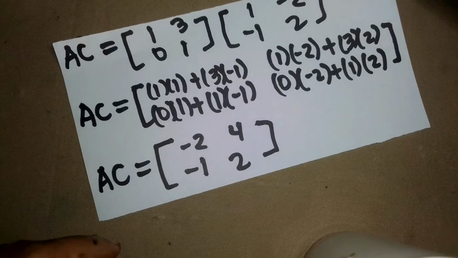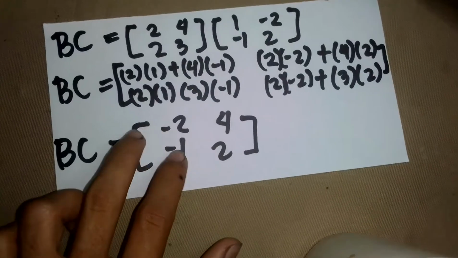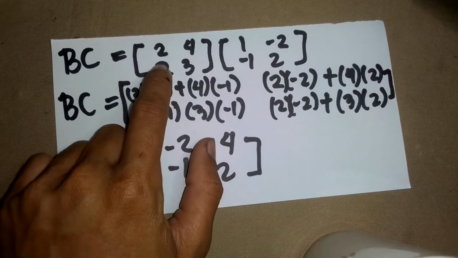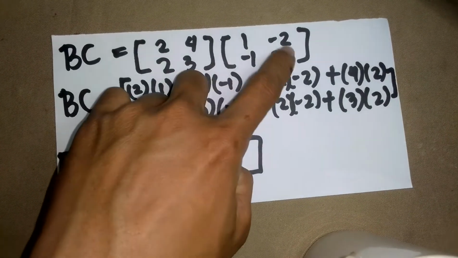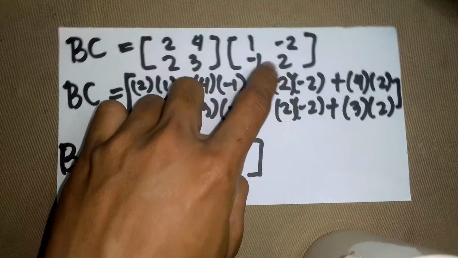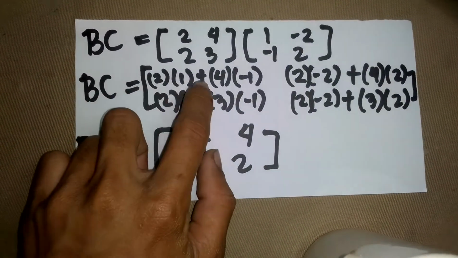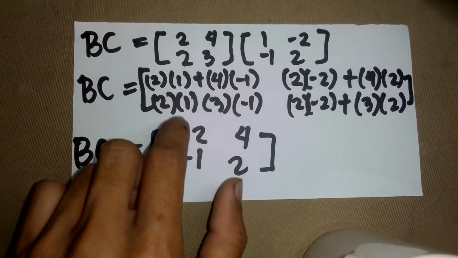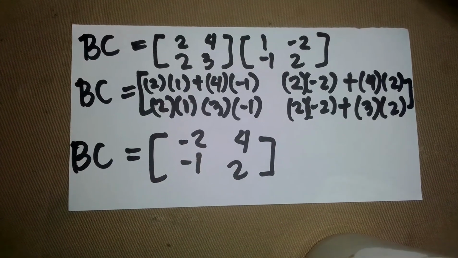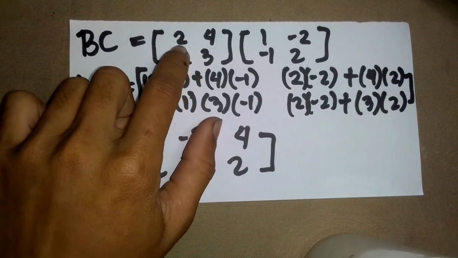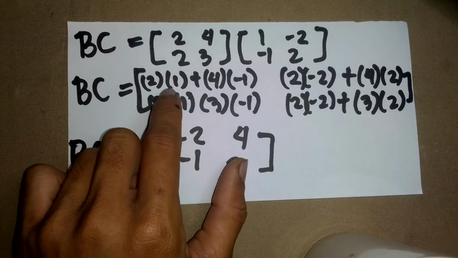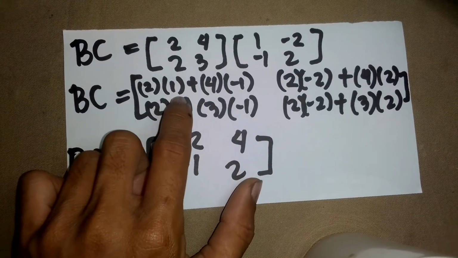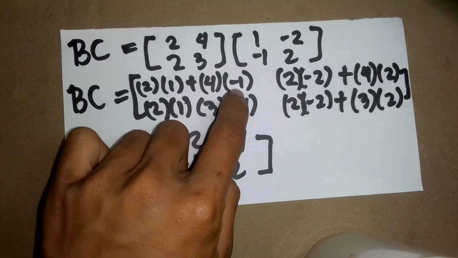What about the value of matrix BC? The value of matrix B is 2, 4, 2, 3. The value of matrix C is 1, negative 2, negative 1, 2. To get the first row, first column, we multiply the first row to the first column: 2 multiplied by 1 plus 4 multiplied by negative 1.